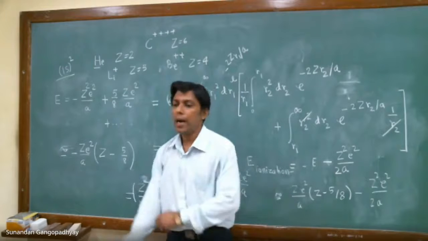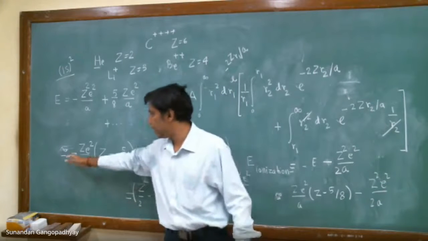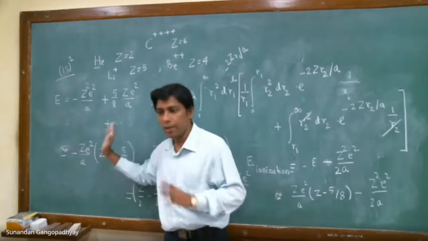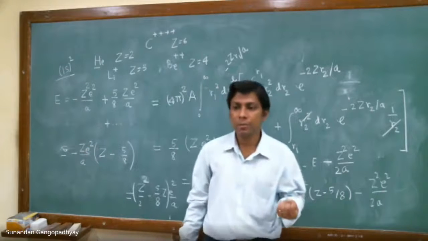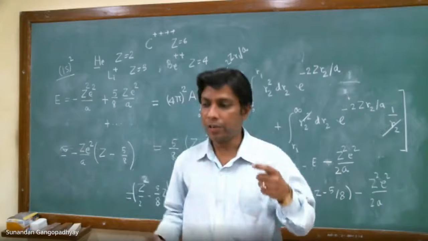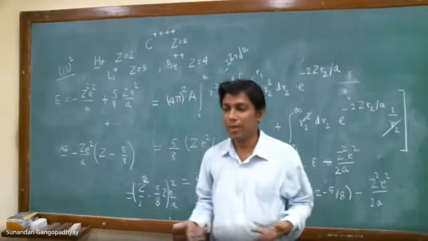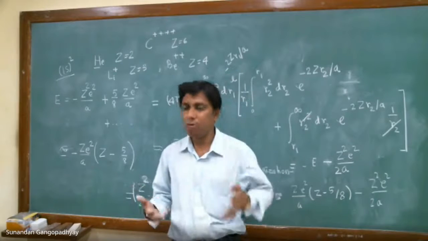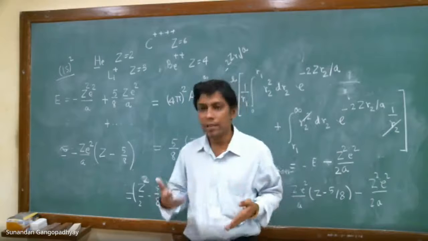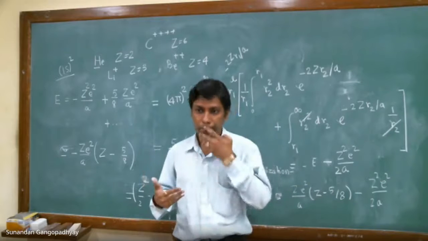Now what do you mean by the ionization energy? This is a negative energy, and ionization energy means you need to pull off one of the electrons, then only it will become the helium ion, right? And what is the energy of a bound state electron? That is minus z square e square by 2a.